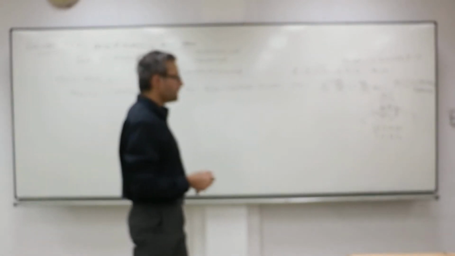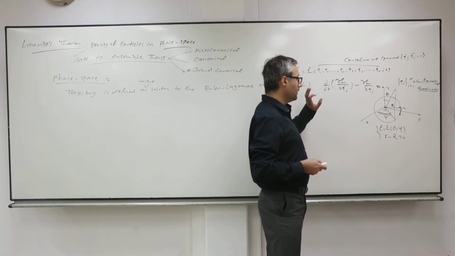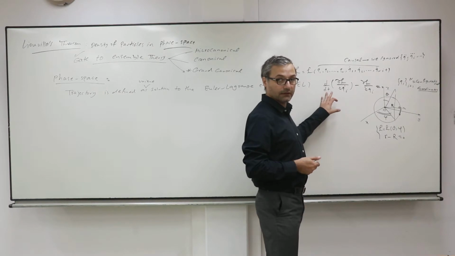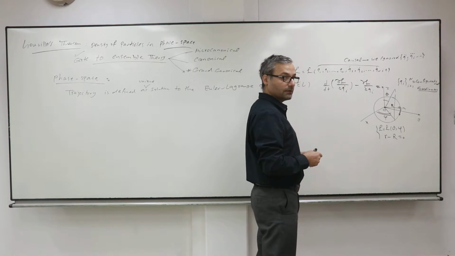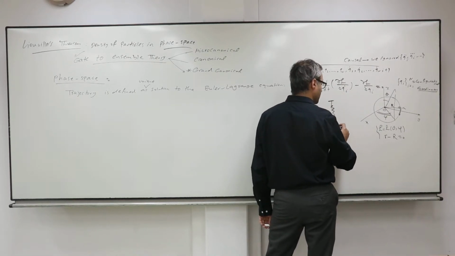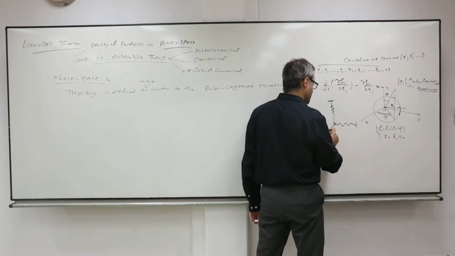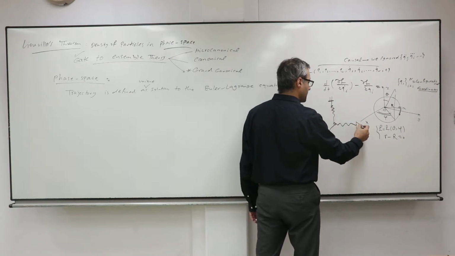It's sometimes very difficult to find how many coordinates you need to describe the dynamics of the system correctly. For example, if I ask you a question: if you have 3 springs like that, a system like that, there are many examples like that.